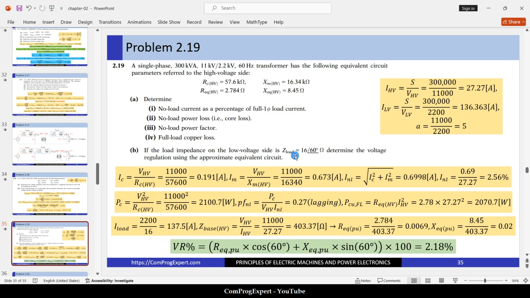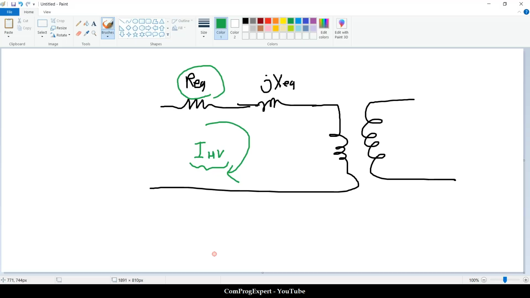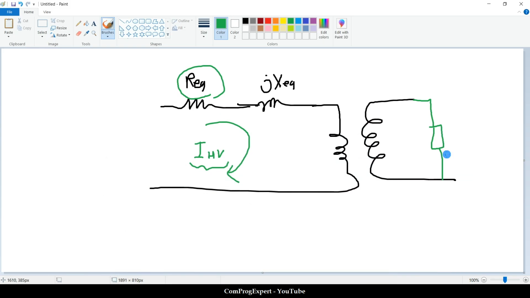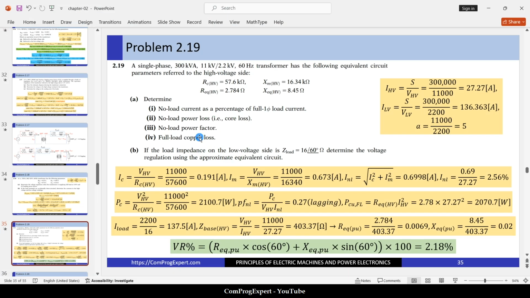Part B: if the load impedance on the low voltage side is this one, ZL, the amplitude is 16 and 60 degrees, if we have this load, determine the voltage regulation using approximate equivalent circuit.